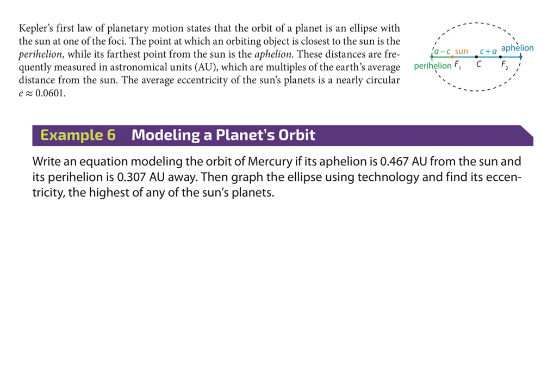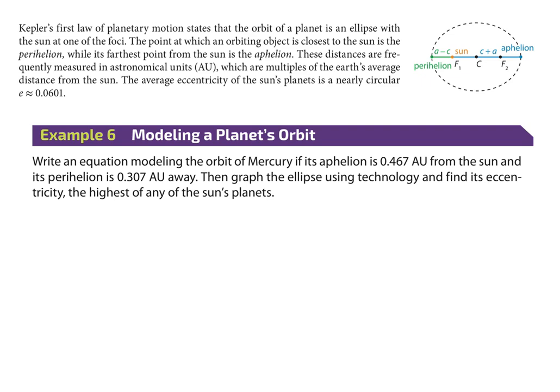So, Kepler's first law of planetary motion states that the orbit of a planet is an ellipse with the sun at one of the foci. The point at which the orbiting object is closest to the sun is the perihelion, while its farthest point is the aphelion. These distances are frequently measured in astronomical units, which is what we're going to do here, which are multiples of the Earth's average distance from the sun.